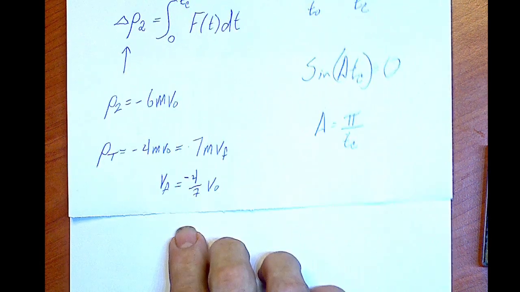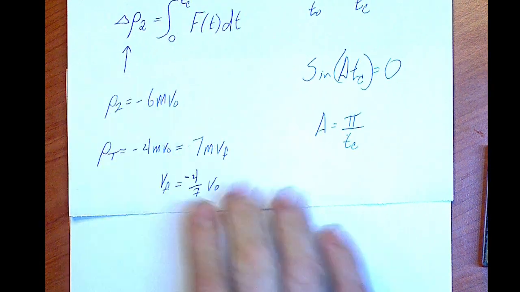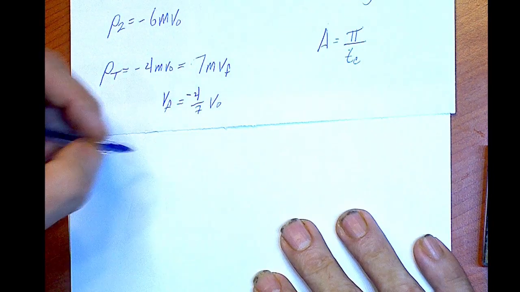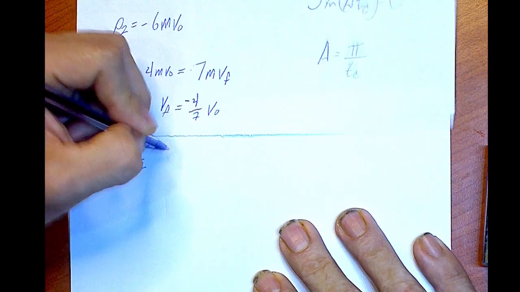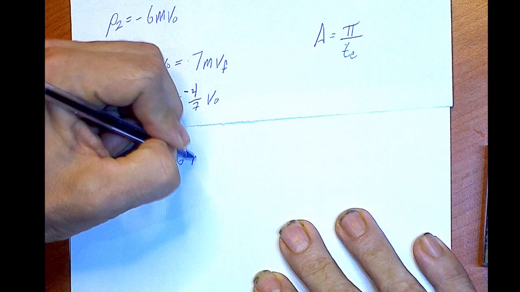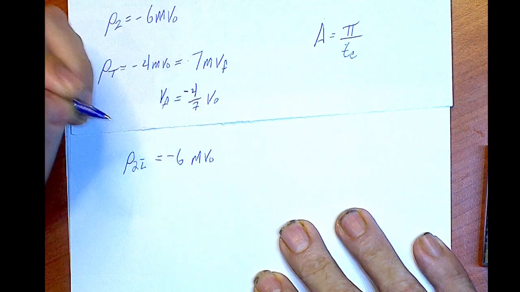What we want is the change in momentum for block 2. So the initial momentum of block 2 was equal to minus 6 mv naught.